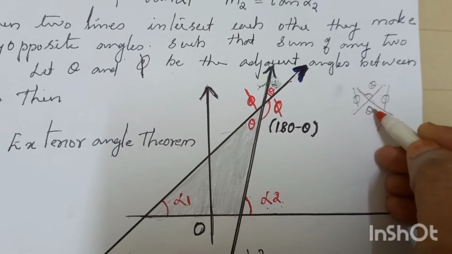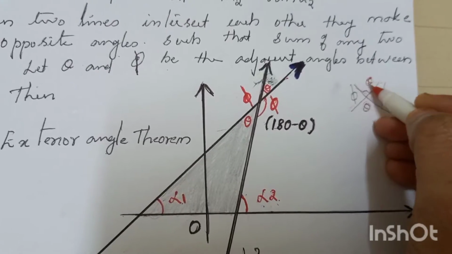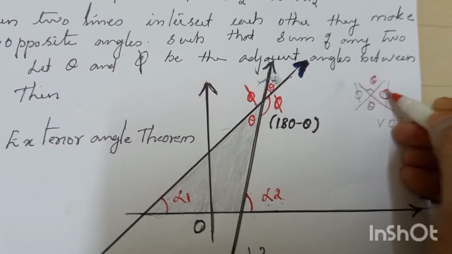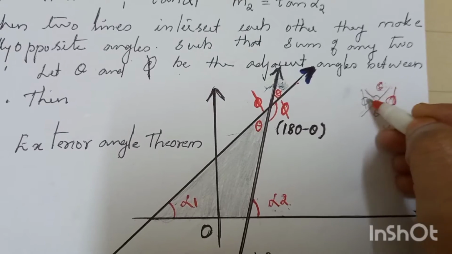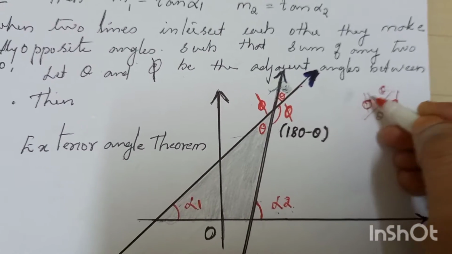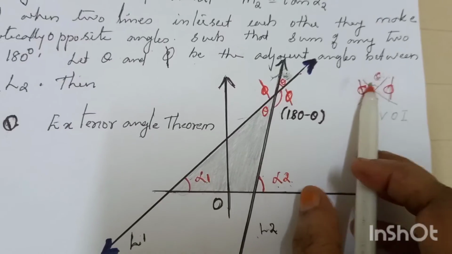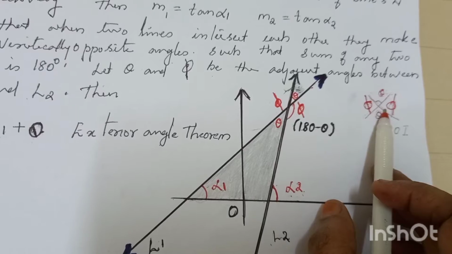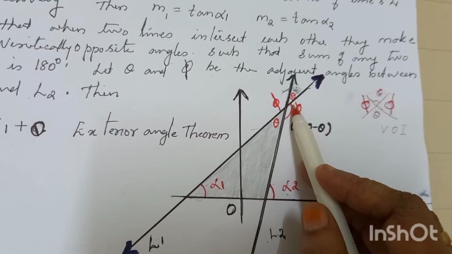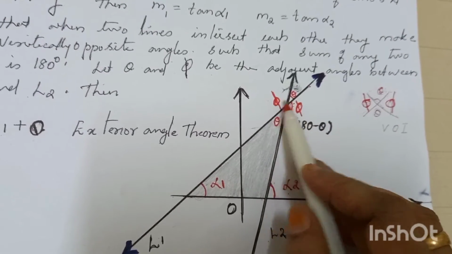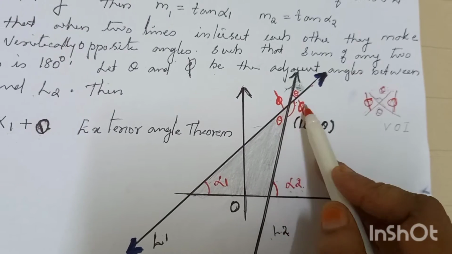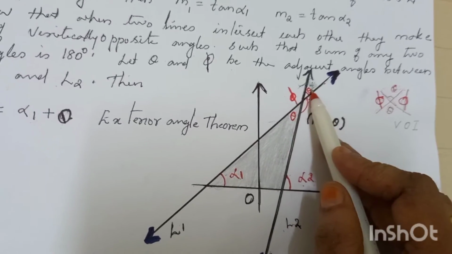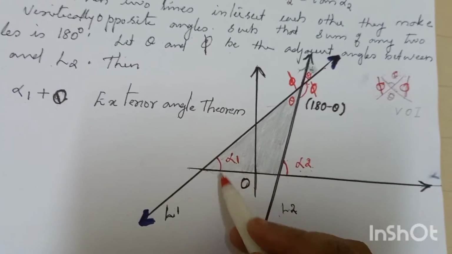And this is phi, and this is also phi. So the sum of these two angles is how much? 180 degrees. So theta and phi are two adjacent angles between the lines L1 and L2.